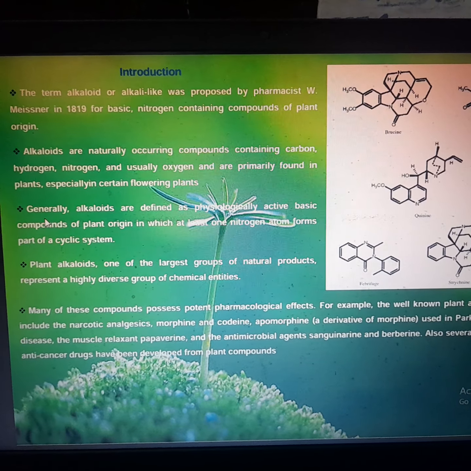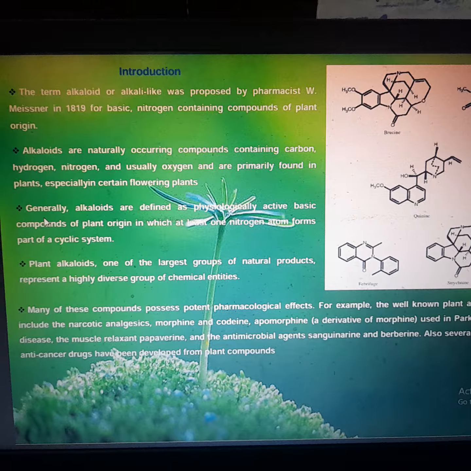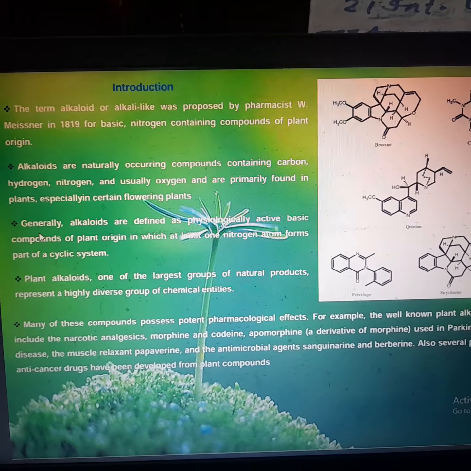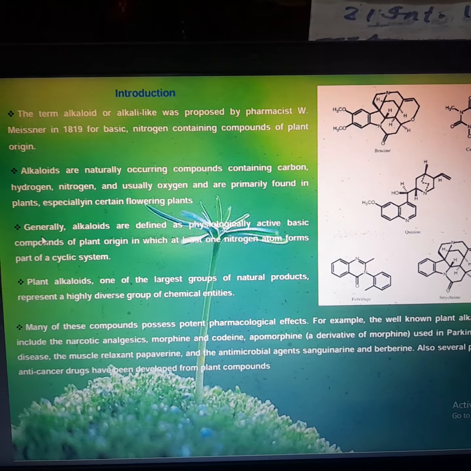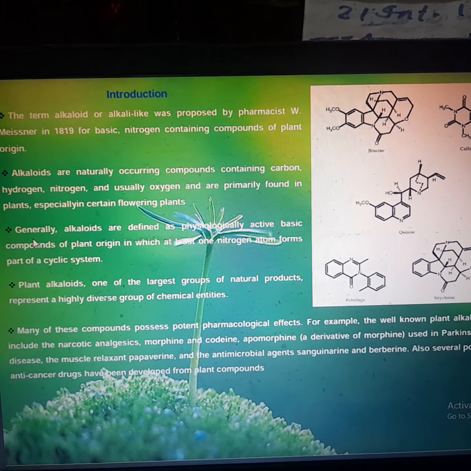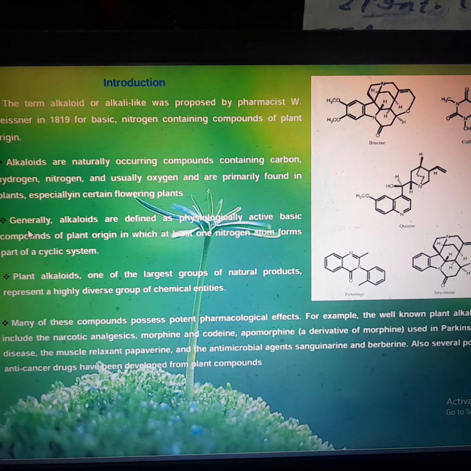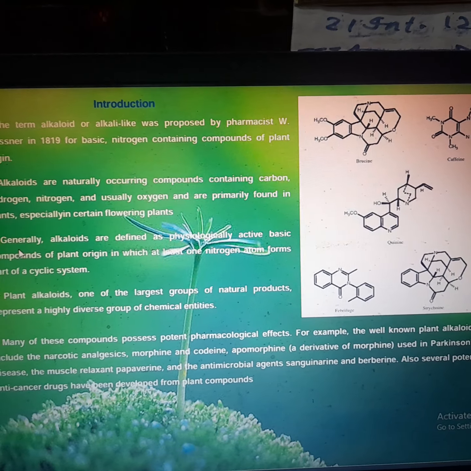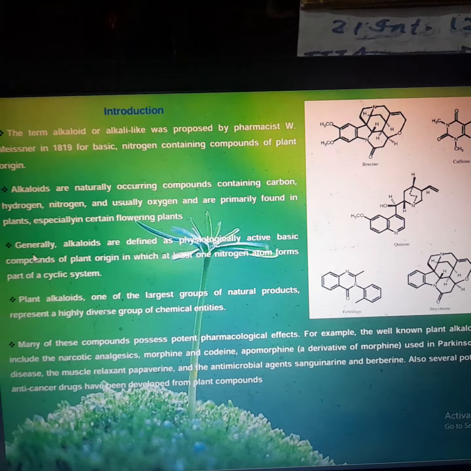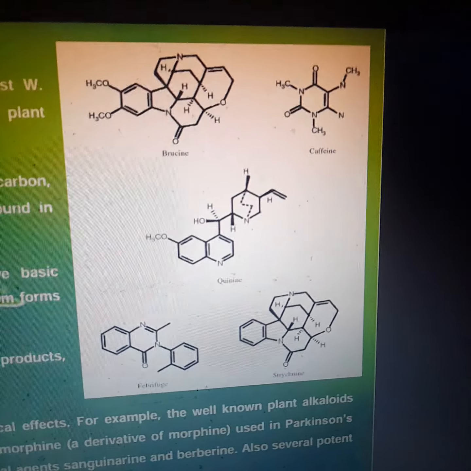For example, the well-known plant alkaloids include the narcotic analgesics morphine and codeine, a derivative of morphine used in Parkinson's disease, the muscle relaxant papaverine, and the antimicrobial agents sanguinarine and berberine. Also, several potent anti-cancer drugs have been developed from plant compounds. I'll also show you the structure of some of the alkaloids.